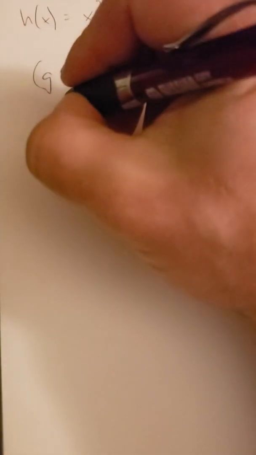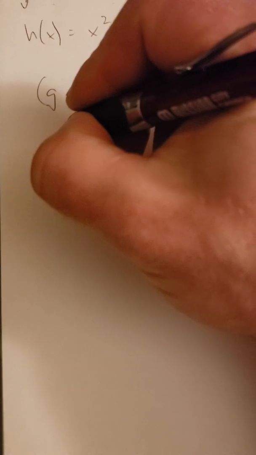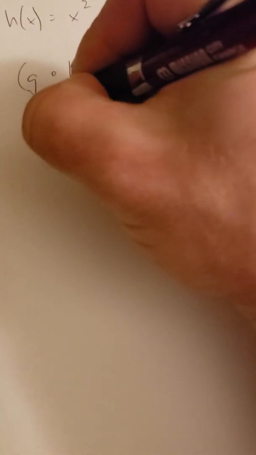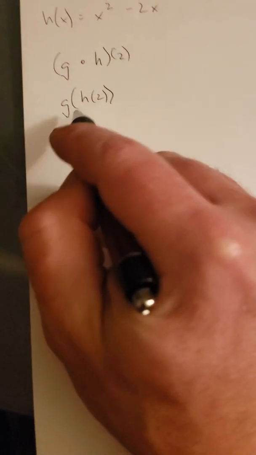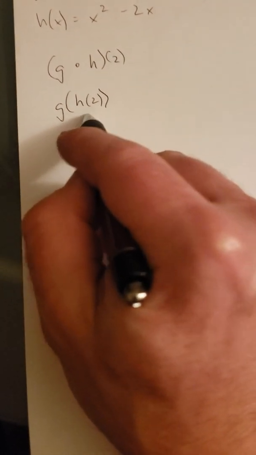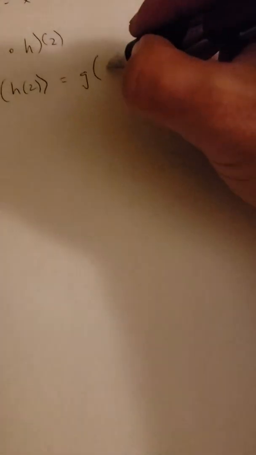All right, here we go. Let's plug this in. I'm going to write it just the same way that we just saw, so notice that the format sort of stays the same. Now I'm going to work it inside out. So this is equal to g, I'm not even touching that yet, x squared minus 2x.